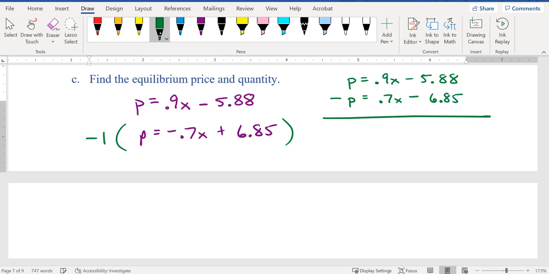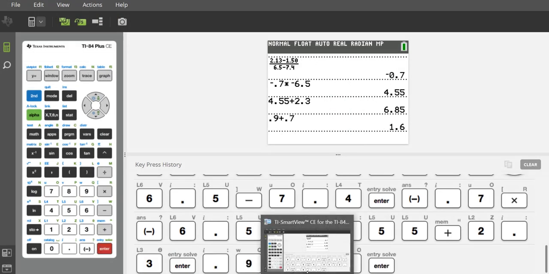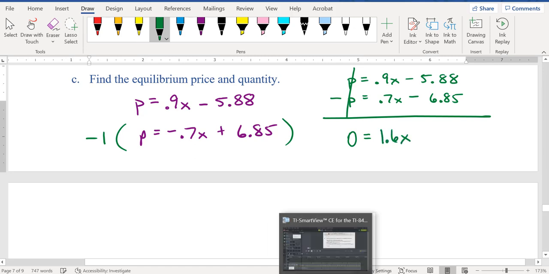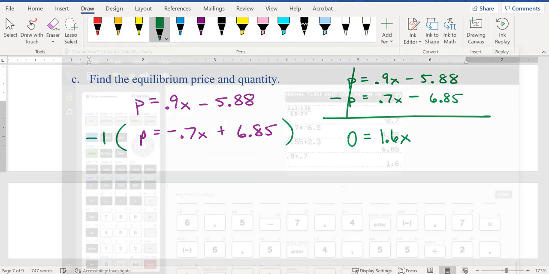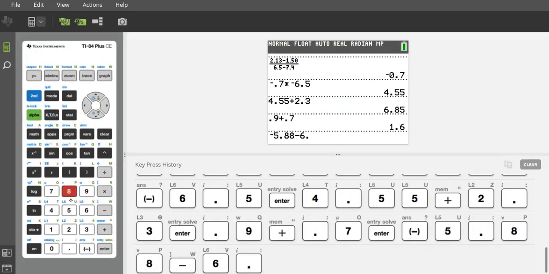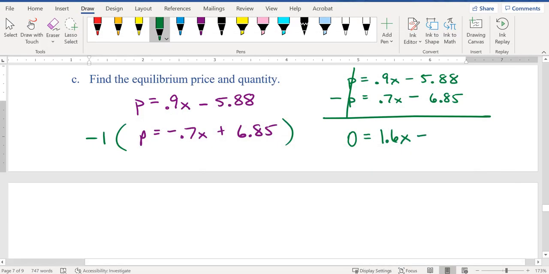When I add those together, the p's cancel. I get 0 equals 0.9x plus 0.7x gives me 1.6x. Negative 5.88 minus 6.85 gives me negative 12.73.